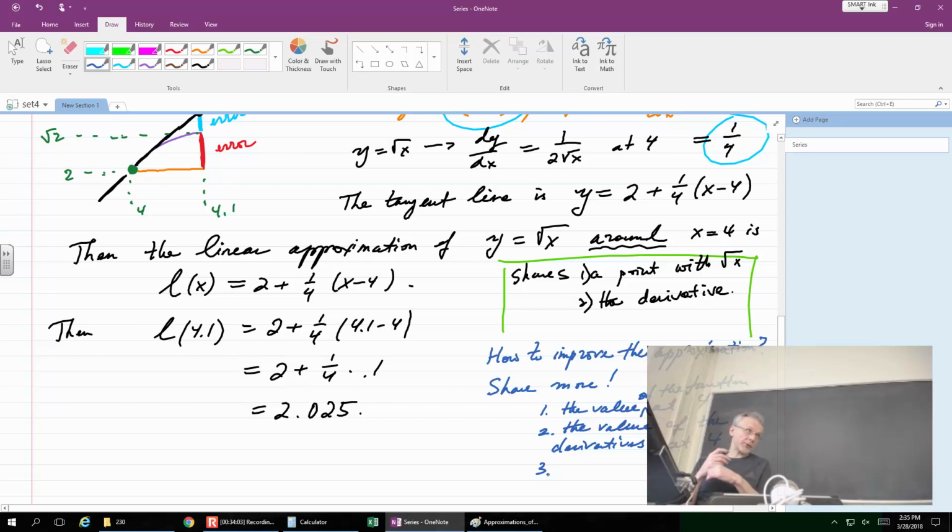Antiderivative? No, you're going in the opposite direction. Even though, I don't know, maybe I never thought about it, maybe there's a way to use it. But no, what's the next after the derivative? The next is the second derivative.